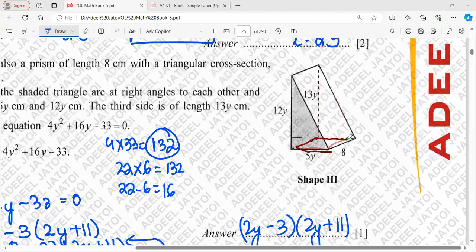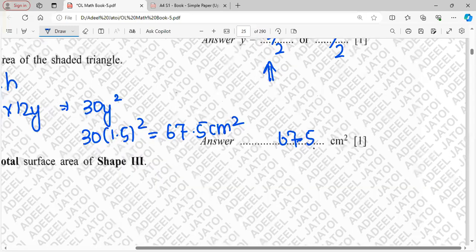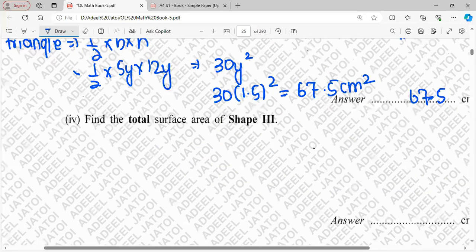There is a rectangle here, and there is a rectangle at the back. So in total, we have 5 sides. There's a slanted side as well. So first thing first, the area of the triangle, we already know that is 67.5, right? So the area of the triangle should be multiplied by 2. So 2 times 67.5 will be added.